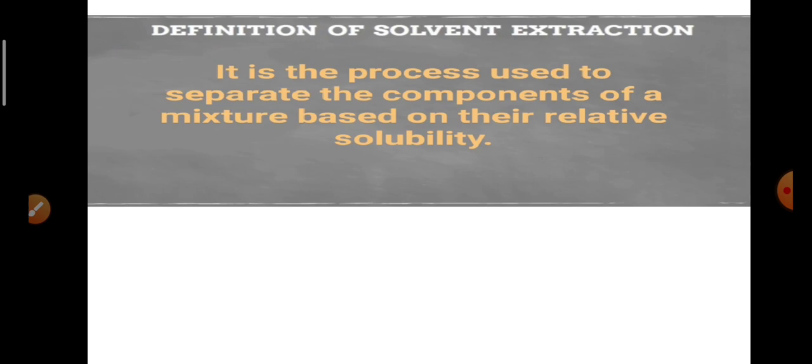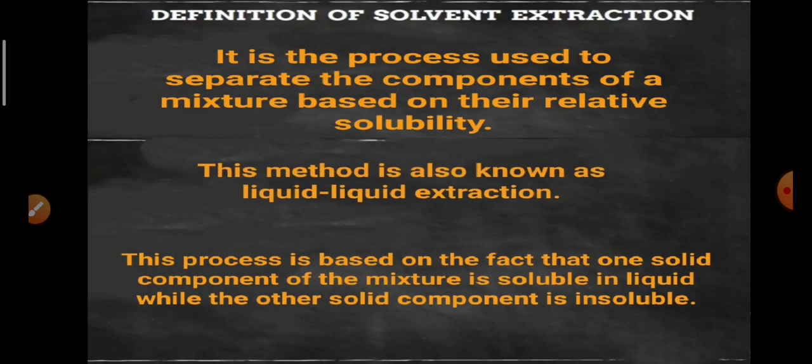The next method of separation is the solvent extraction method. It is the process used to separate the components of a mixture based on their relative solubility. This method is also known as liquid-liquid extraction.